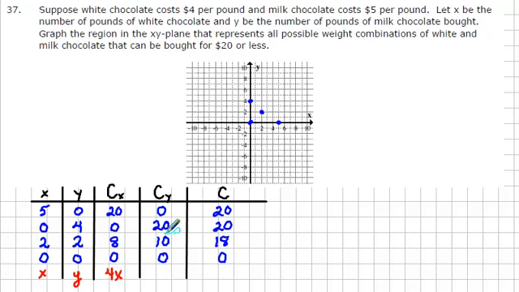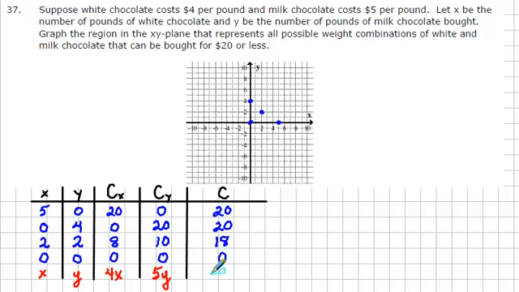So 4x is the cost of the white chocolate. What would be the cost of the milk chocolate? Well, the milk chocolate costs $5 per pound, so we would take 5 times y, and that gives us 5y.